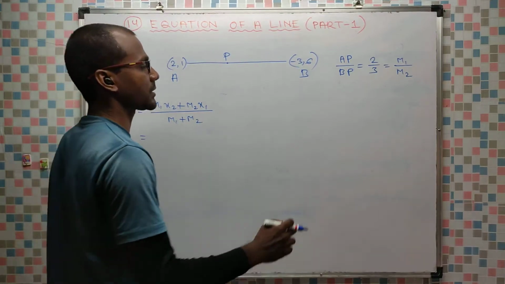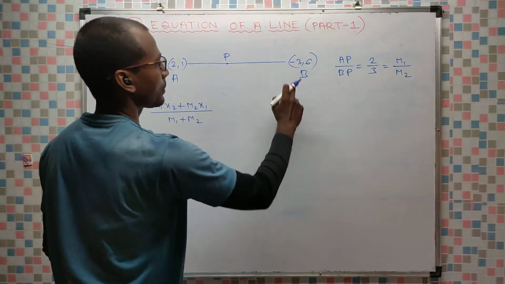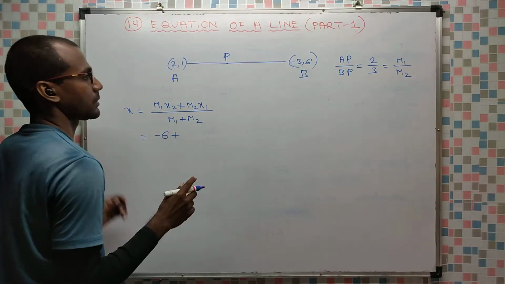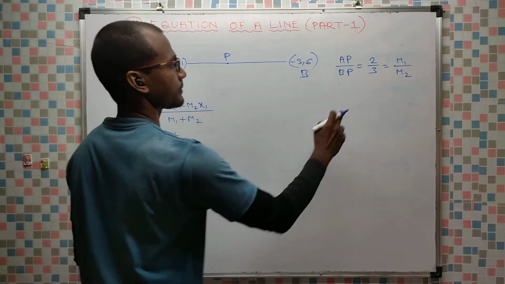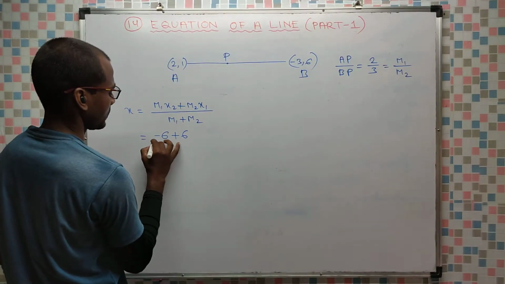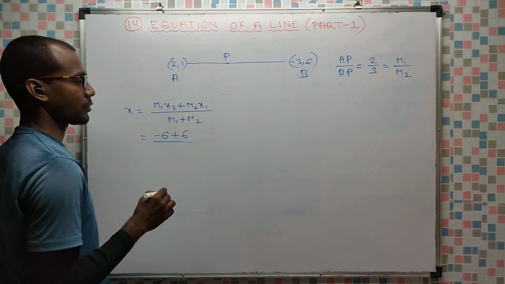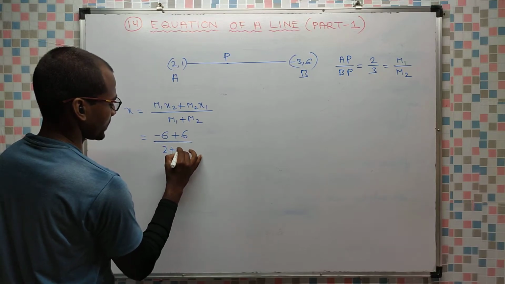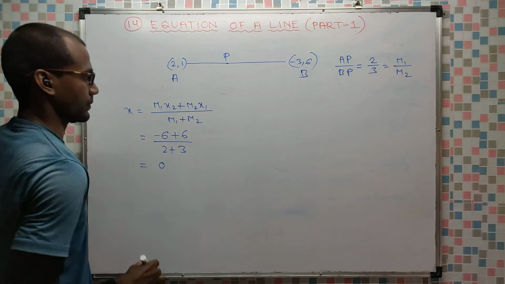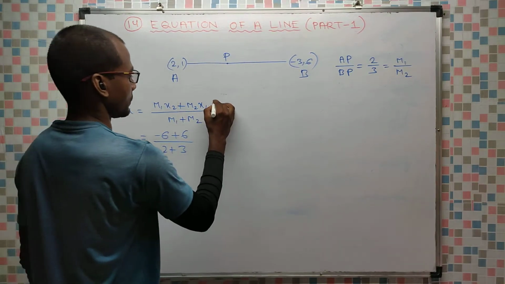So M1 x2 means 2 into minus 3, that is minus 6, plus M2 x1 means 3 into 2, that is plus 6, by M1 plus M2 means 2 plus 3. So 0 by 5, that is 0. So we got x is equal to 0.